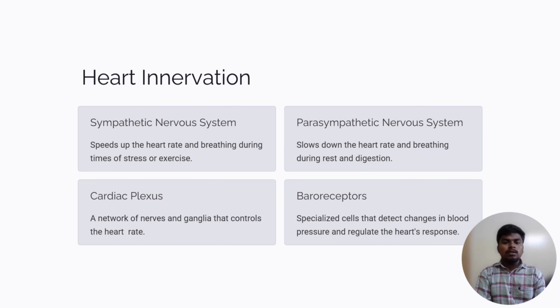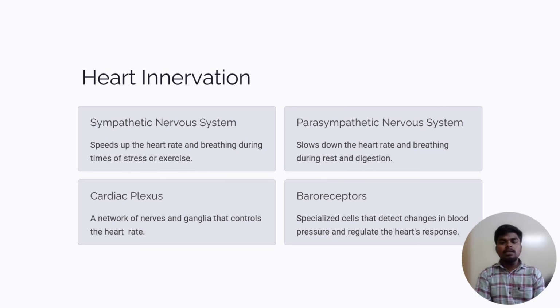Heart innervation: there are four types: the sympathetic nervous system, parasympathetic nervous system, cardiac plexus, and baroreceptors. The sympathetic nervous system helps to speed up the heart rate and breathing during stress and exercise.